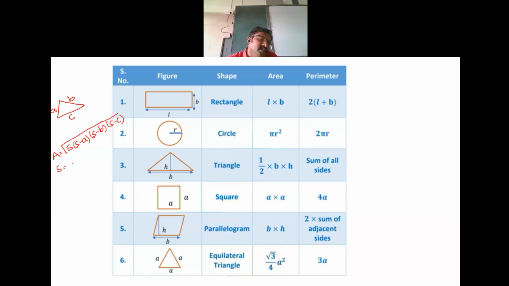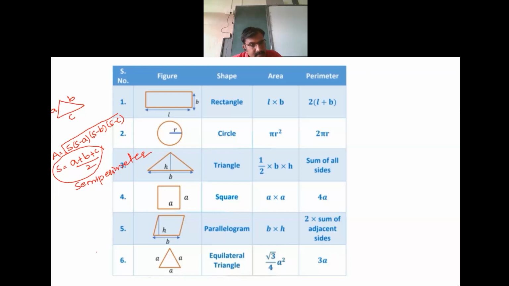Here s is a plus b plus c divided by 2. This is called the semi-perimeter. You are going to find the semi-perimeter and multiply it with the differences of each of the sides from the semi-perimeter.